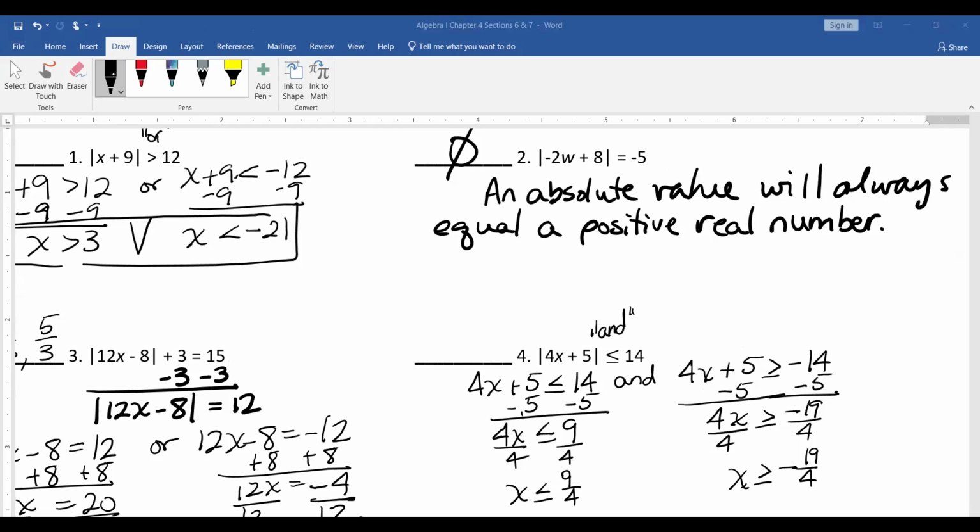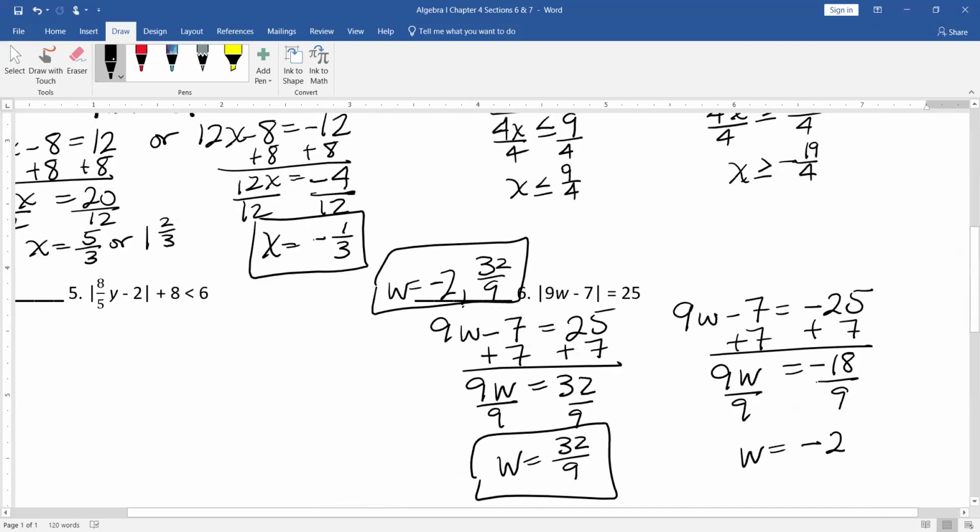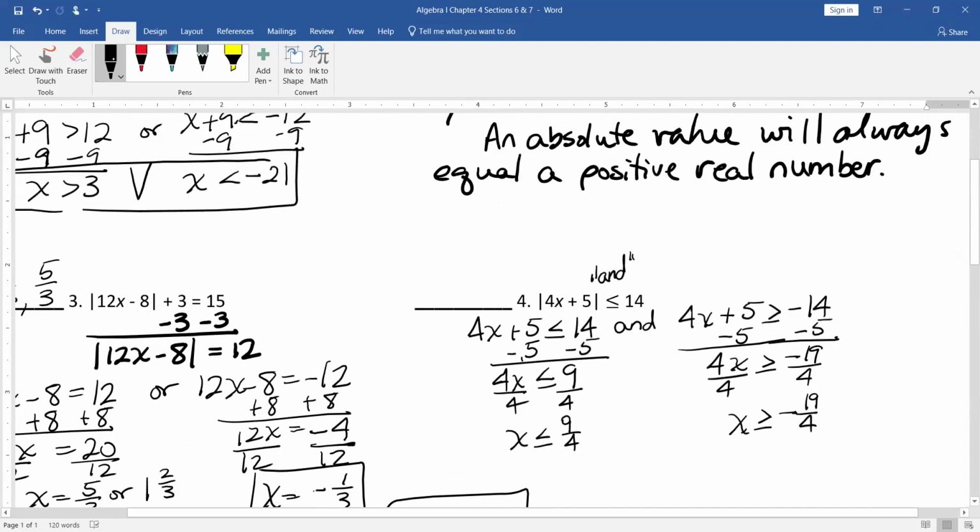This we can write as a combined statement. So x is greater than or equal to negative 19/4 and less than or equal to 9/4.